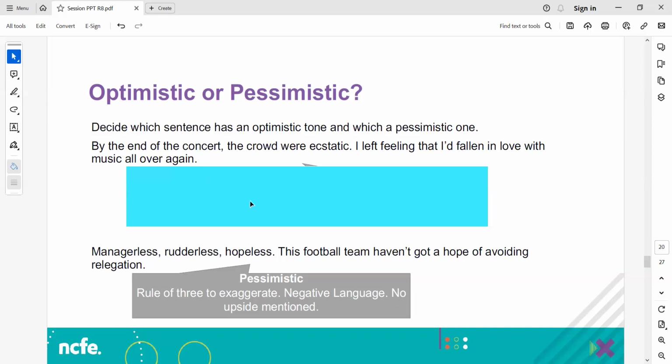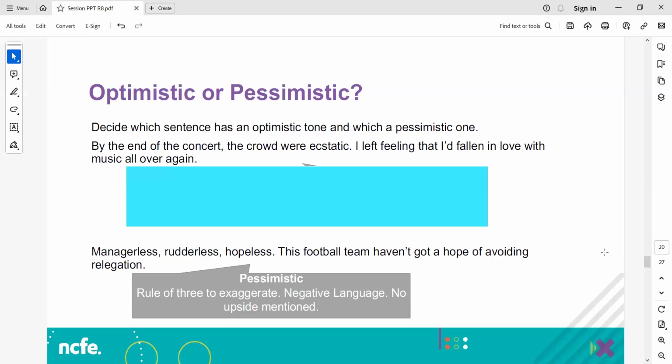So this is the optimistic sentence, the top one. What tells us it's optimistic? How do we know? It's positive. It's good. It gives a good recommendation and a good belief or feeling.